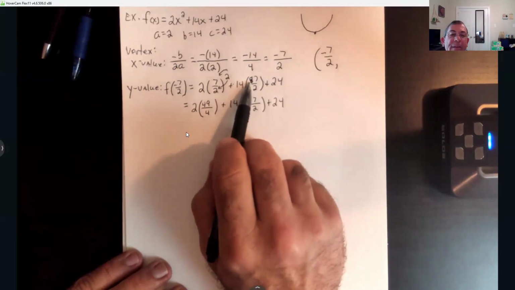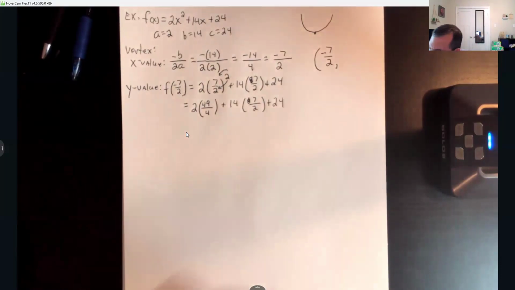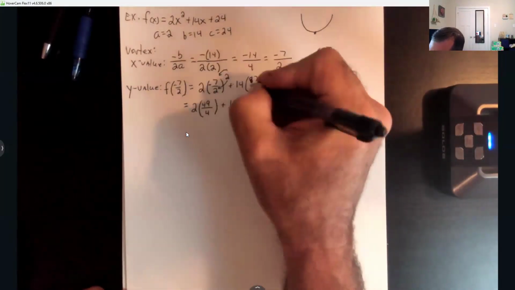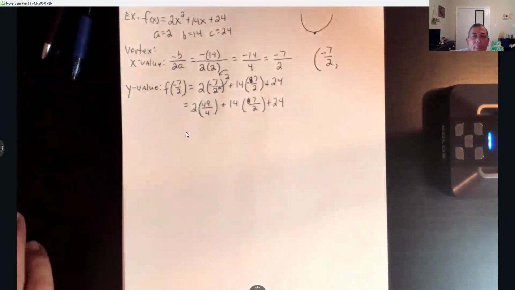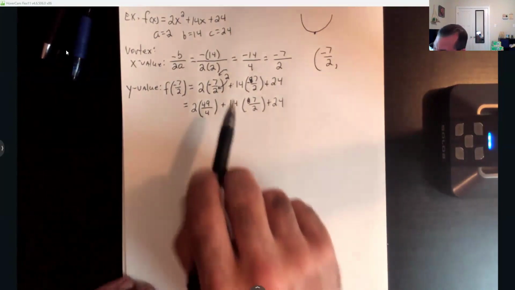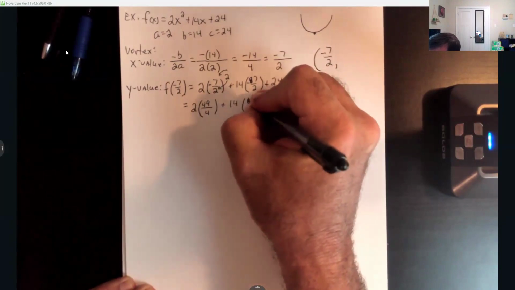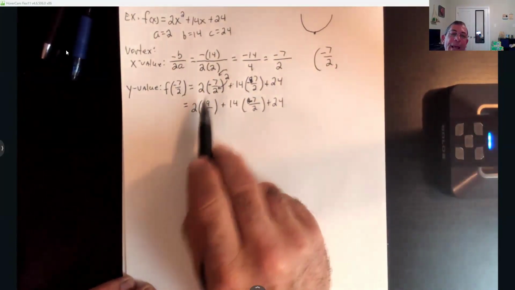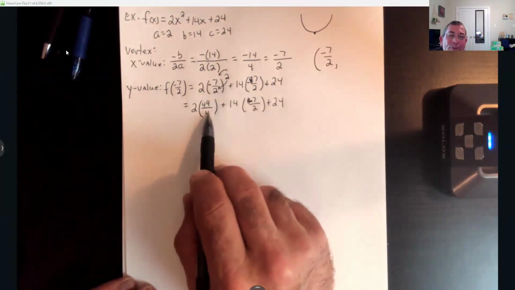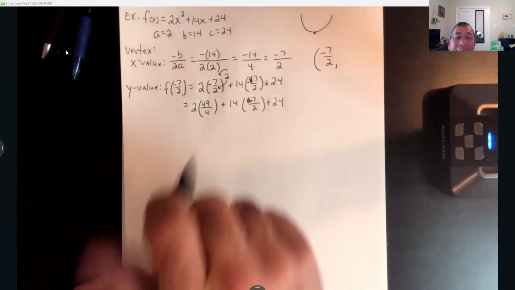Somehow I accidentally put a 17 there, but remember our x's are negative 7/2, ain't they? So make that a negative. So we're good here. Negative 7 squared is positive 49. 2 squared is 4. All righty.